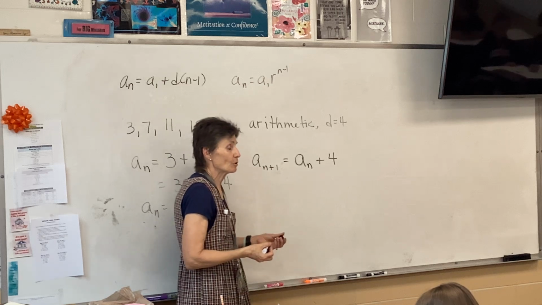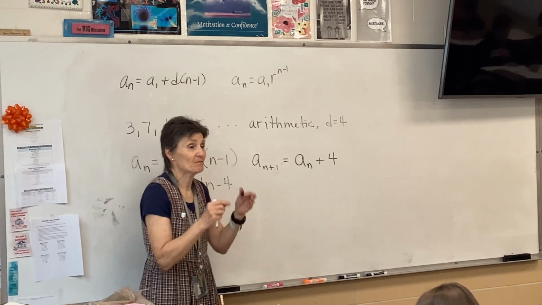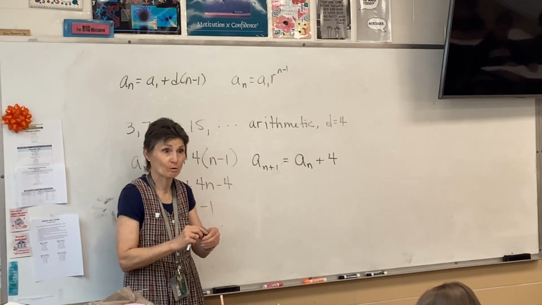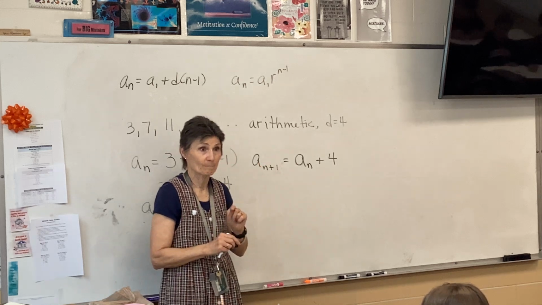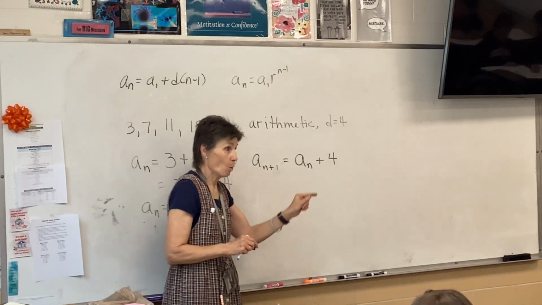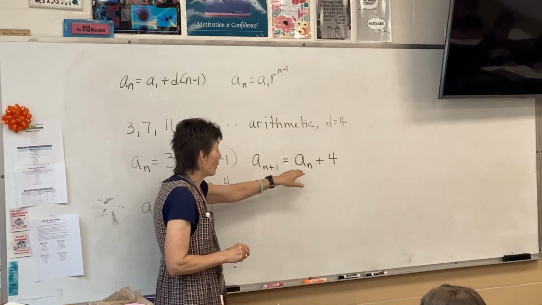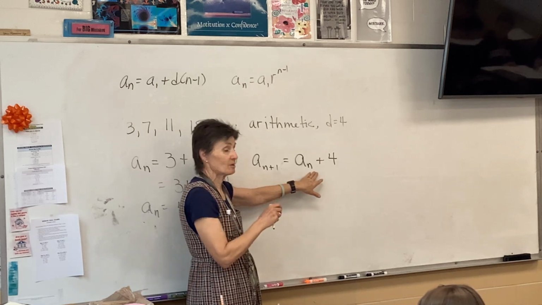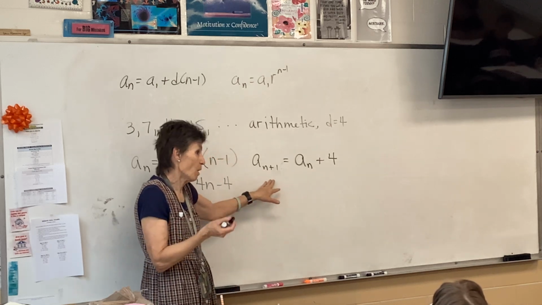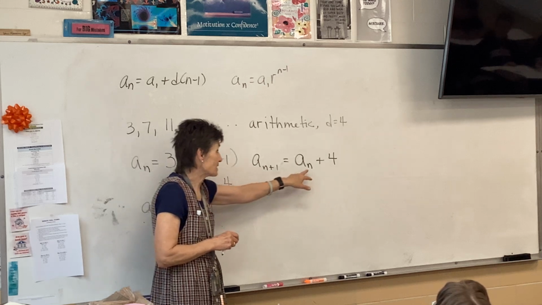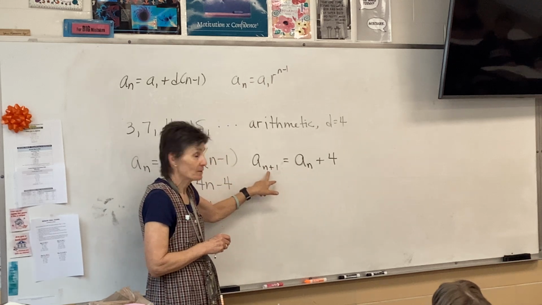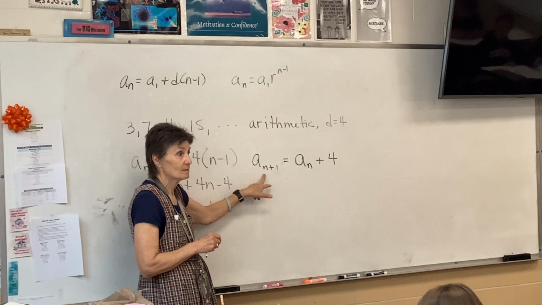What is the term after the fifth term? After the fifth term would be the sixth term. 5 plus 1, 1 more than 5. So what is the term after the nth term? The n plus 1 term. If that's 5, this is 6. If that's 7, this is 8, right?